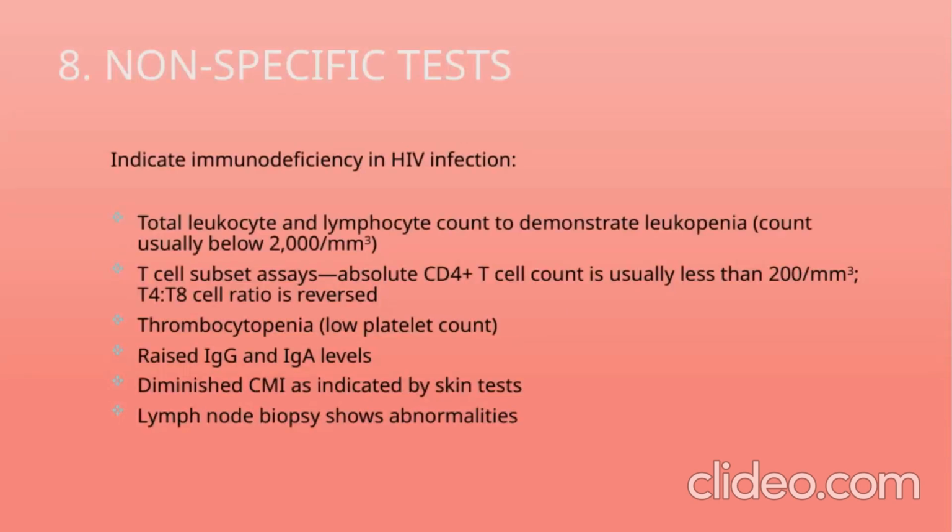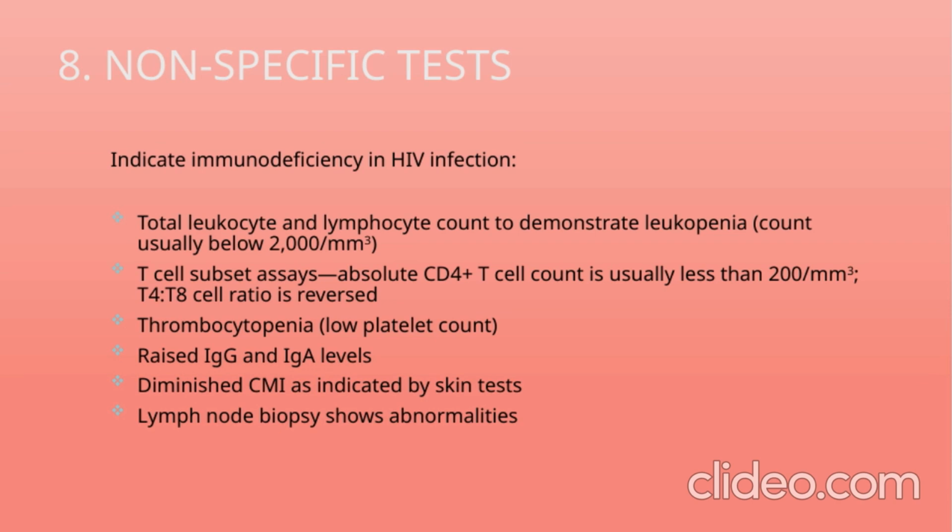Let's discuss how to identify immunodeficiency in HIV infection. First, we look at the total leukocyte and lymphocyte counts. Often, you'll find leukopenia, which means the total white blood cell count is usually below 2,000 per cubic millimeter. This reduction indicates a weakened immune system. Next, T-cell subset assays are crucial.